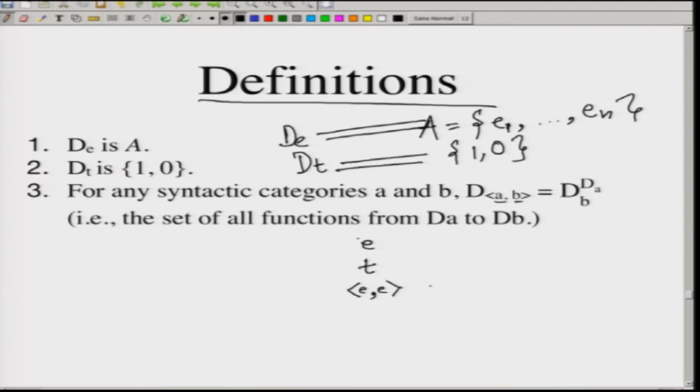Nothing like that. We can construct anything. We can have T to T. Also, we can have E to T or T to E. Now, our linguistic elements are such that we normally do not find T to E. We'll see whether we find, but do we find other things?